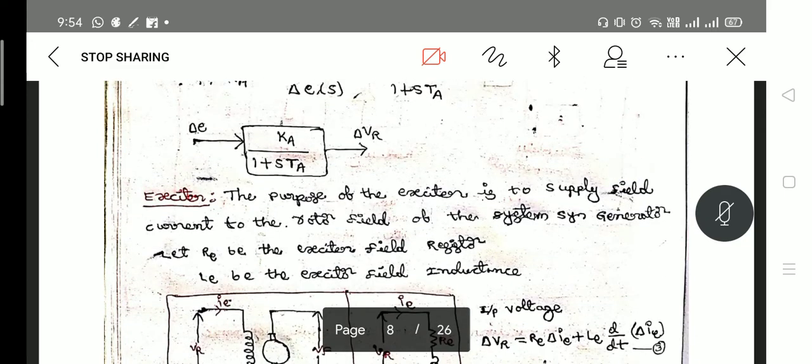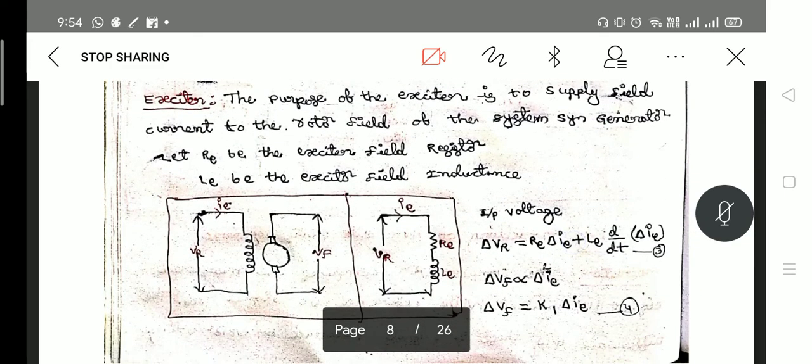Next one is the exciter. The exciter's purpose is to give the field current to the rotor field in a synchronous machine, right. Here I am taking one circuit, the exciter circuit.